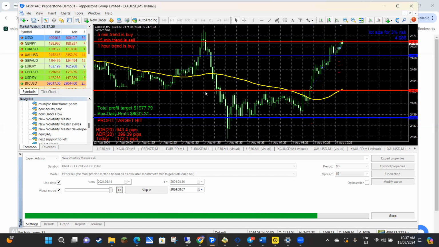All right, that's pretty much it, guys. Those are the differences. Having the different ranges for the initial and the stack trades will definitely give you better potential for making profit.